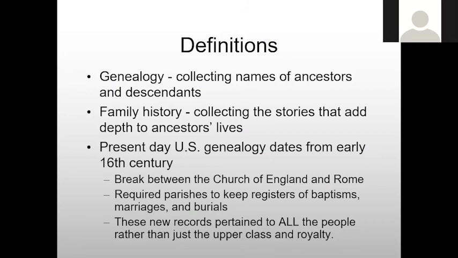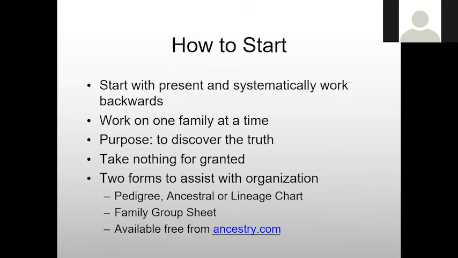And with that break, it then became a requirement that parishes throughout the United Kingdom would register baptisms, marriages, and burials. These new records for the first time pertain to all of the people, not just the upper class and royalty. And that's where we get ours. Since we were English, for the most part, English settlements, we adopted these same procedures.